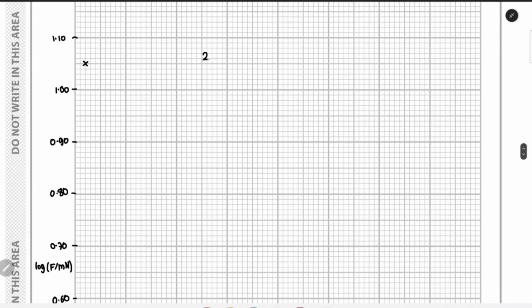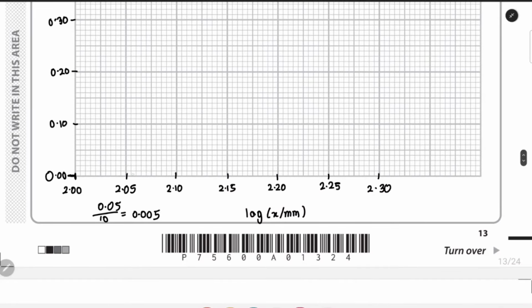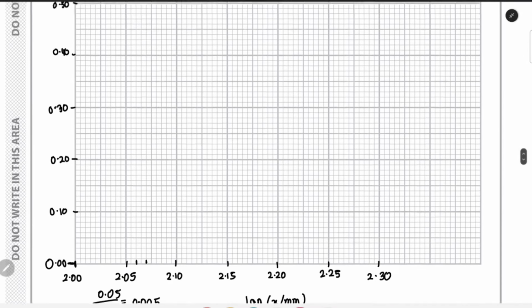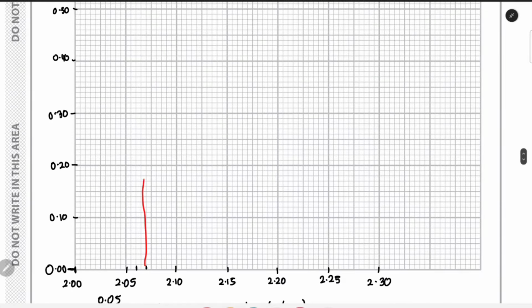Our second value is at 2.07 comma 0.88. This is 2.5, this is 2.6, this is 2.7. So on this line lies 2.07.